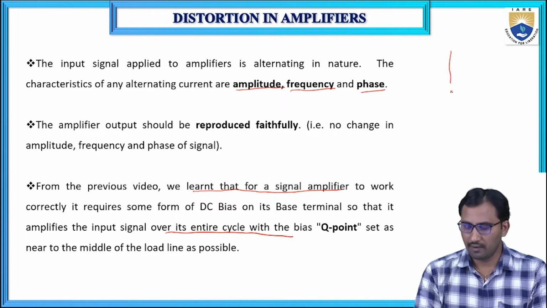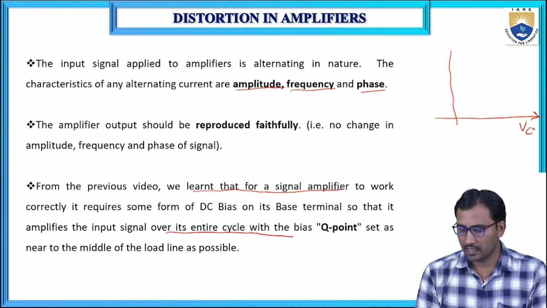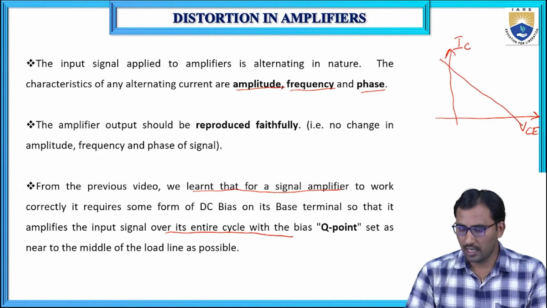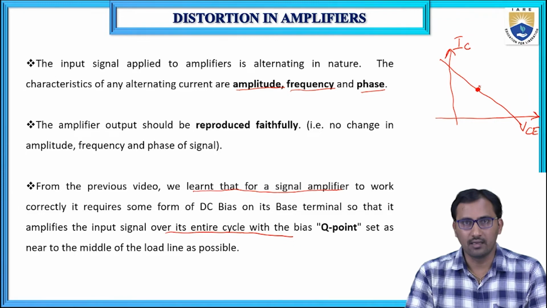Generally, we draw a load line between the collector to emitter voltage and the collector current. Always the operating point or Q point will be at the center of the load line, so that the amplifier can reproduce the given input signal at the output of the amplifier.